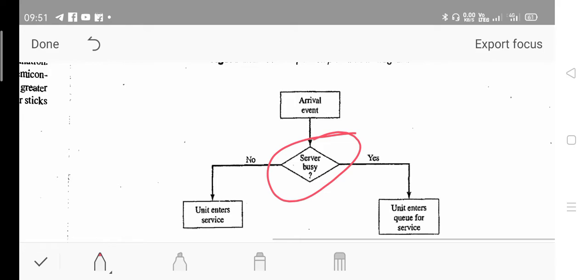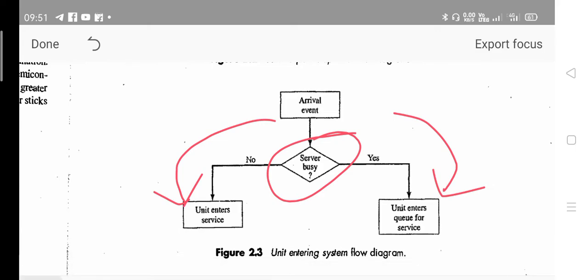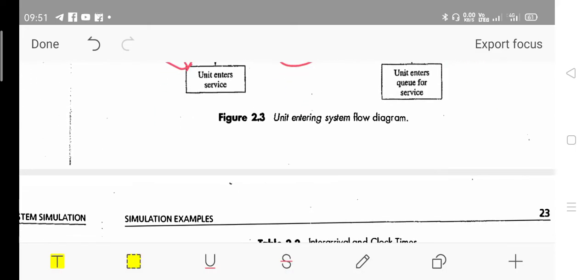When a customer arrives, if the server is not busy, he will move directly in front of the counter and get the service. Otherwise, if the server is busy, he should wait in a queue.